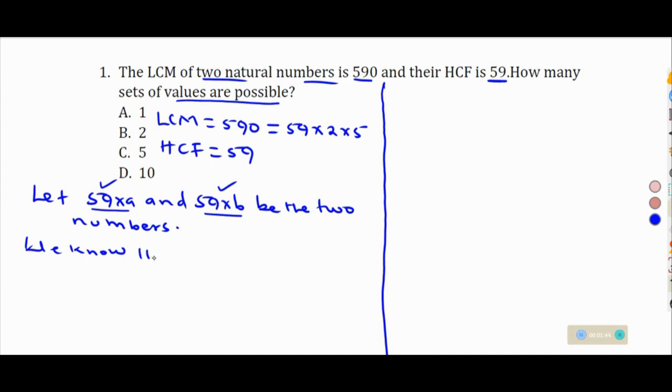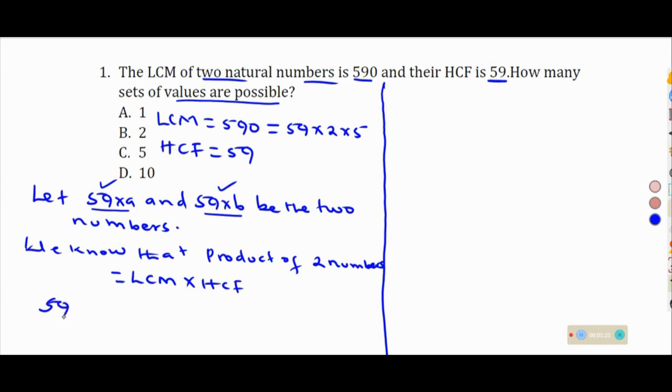Now, we know that the product of two numbers is the same as the LCM of the two numbers times the highest common factor of the two numbers. Since we already have our two numbers as 59A and 59B, let us have the product of these two numbers, which is equal to the LCM times the highest common factor.